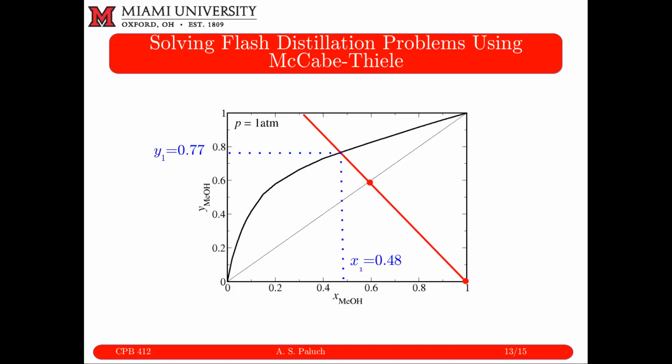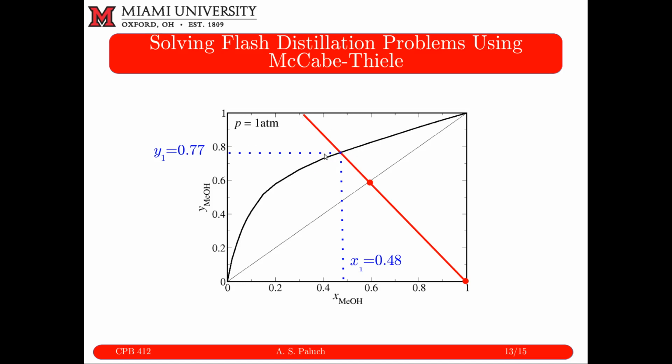If I solve for those 2 reference points, it's my x-axis intercept which lies on this diagram. So I plot that point. I plot my y equals x equals z reference point, connect those 2 via a straight line, and then just draw it out. Where that line crosses my curve, this is where my component mass balance, that's the y-x pair that simultaneously satisfies my component mass balance and equilibrium relationship.